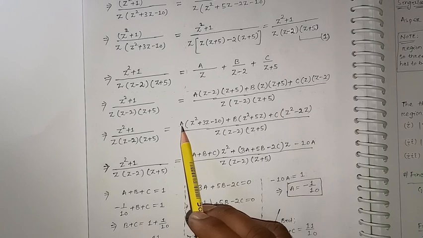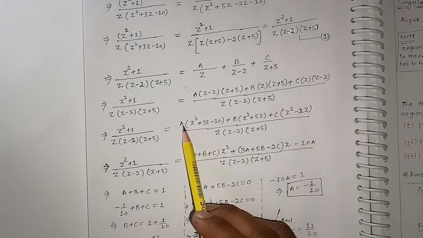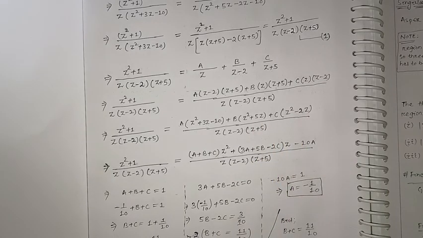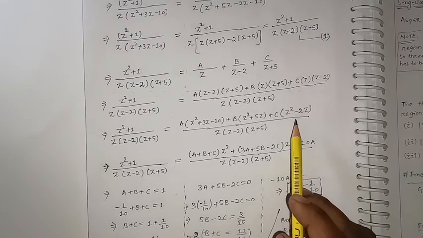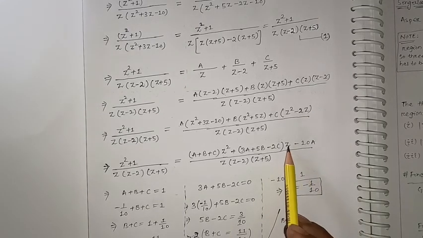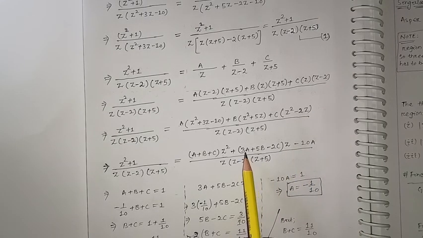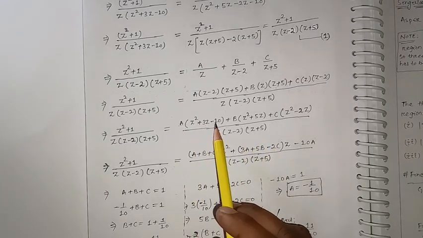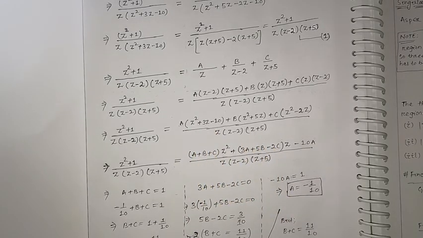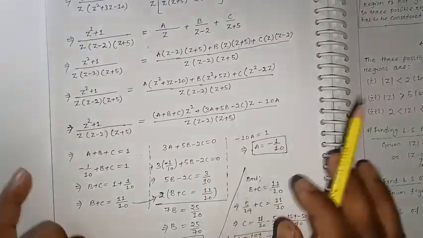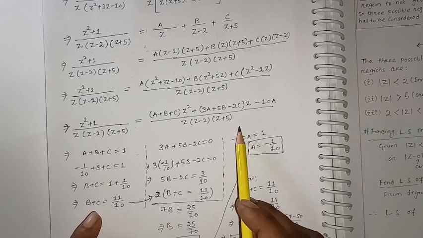If I multiply a with this one, it will be 3az, this will be 5bz, this will be minus 2cz. So by taking z common, we can write 3a plus 5b minus 2c, and one constant term we get here, minus 10a, divided by the three terms, z into (z - 2) into (z + 5).